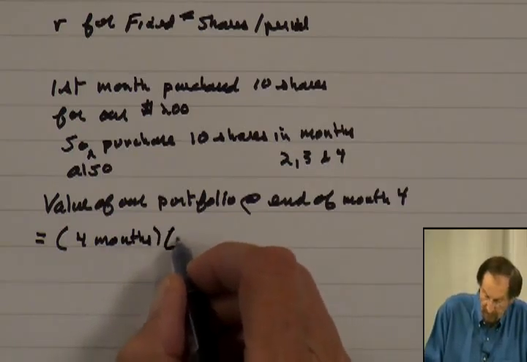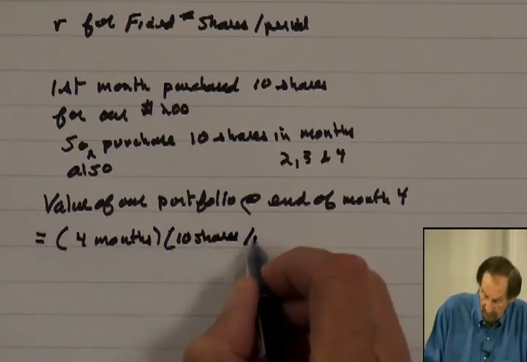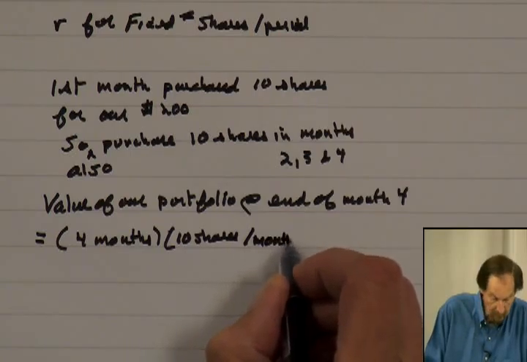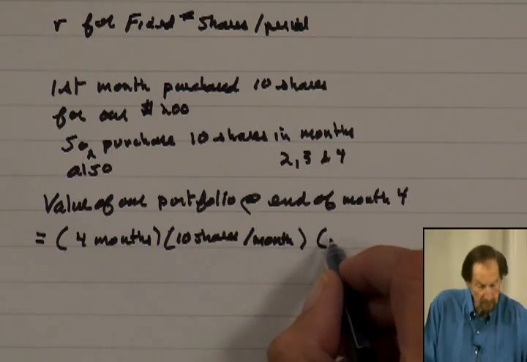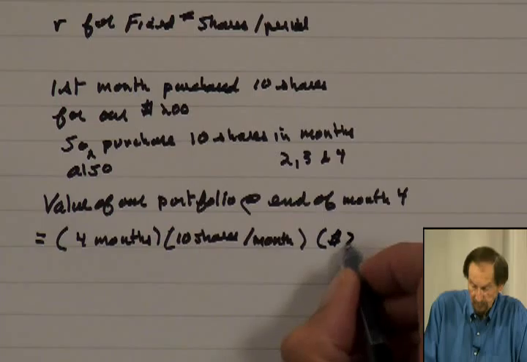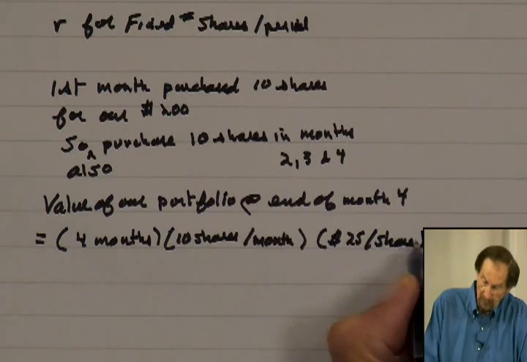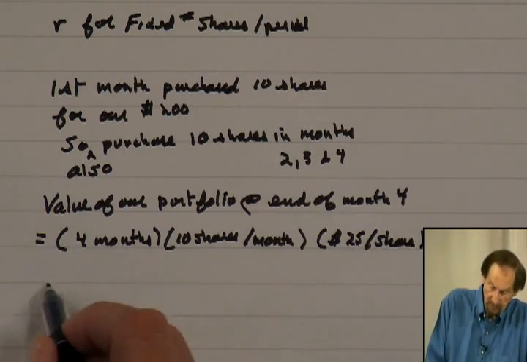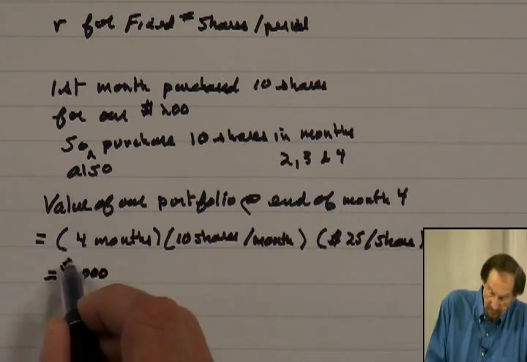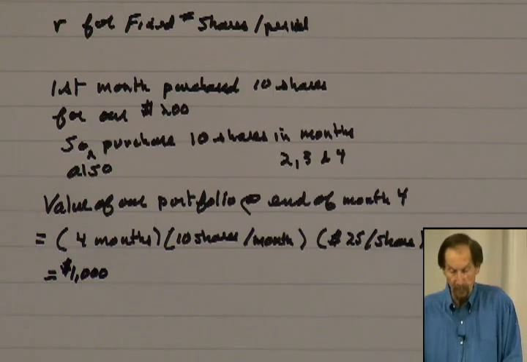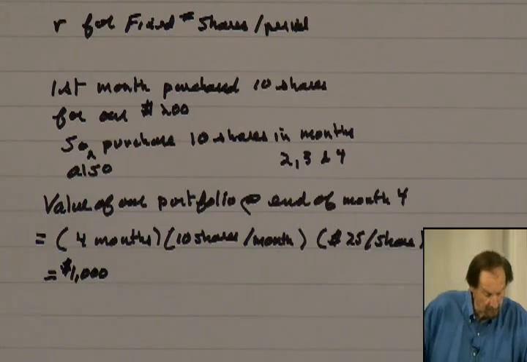Times 10 shares per month times $25 per share. So we see this is dimensionally consistent, and this equals $1,000. Okay? The 40 shares at $25 a share is simply $1,000.